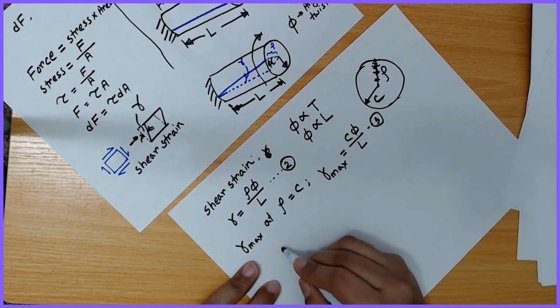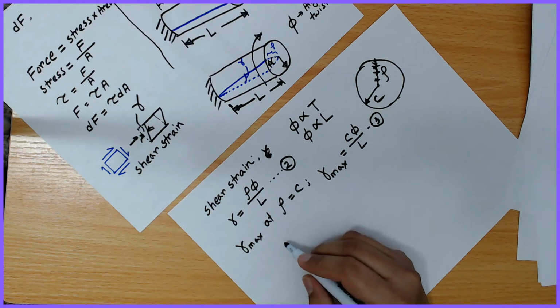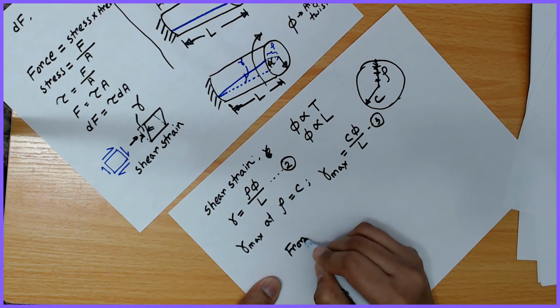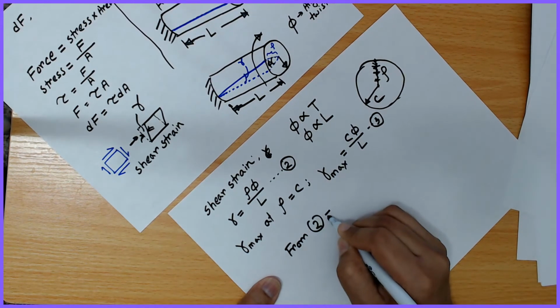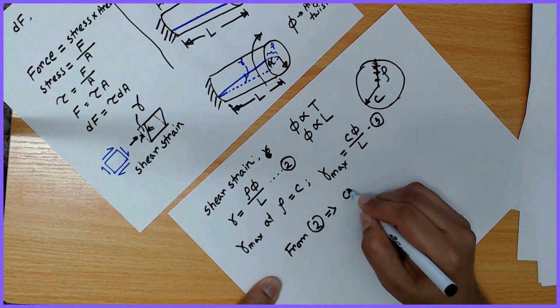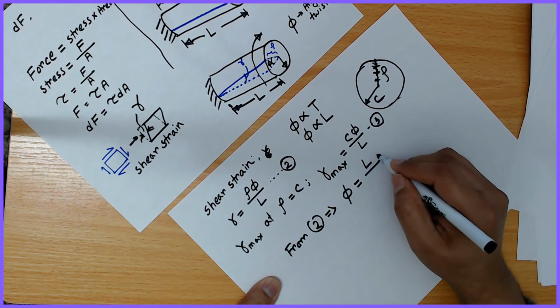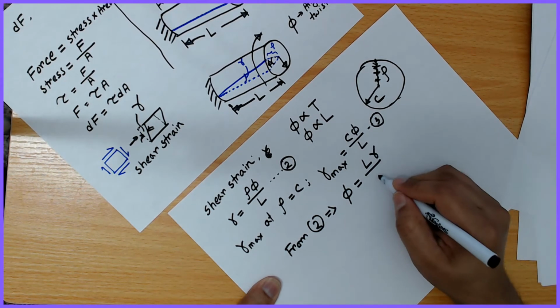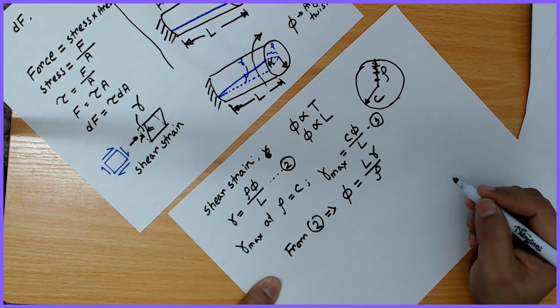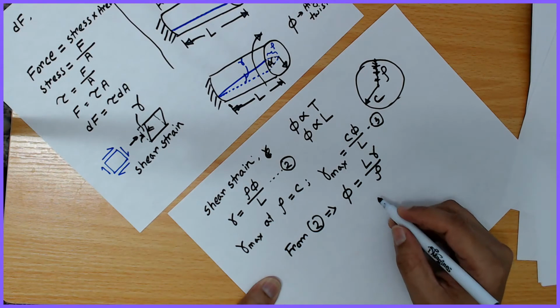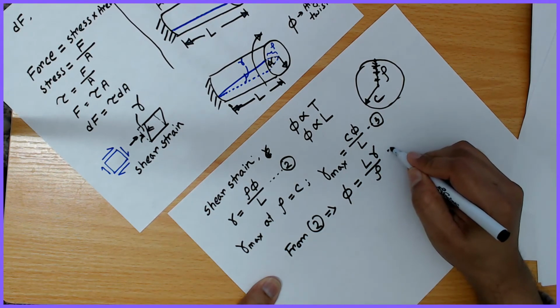Now from 2, I can say twist angle phi is equal to L gamma by rho, and this is my equation number 4.